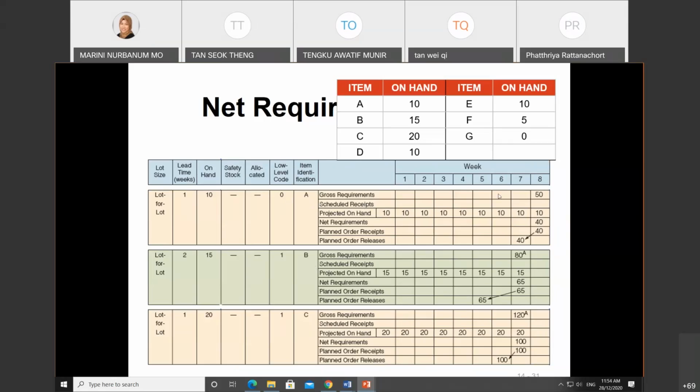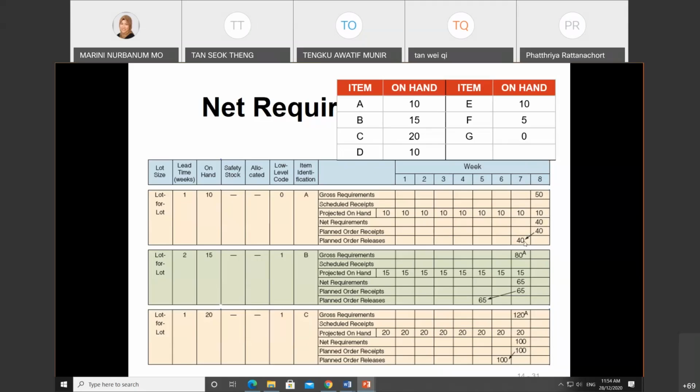We have 8 weeks and in the gross requirements plan, we started with 50. In week 8, we know that we have the on-hand inventory 10. So we need the product in week 8, 40. Plan order receipt is basically just bring down the number for net requirements. The one that takes into consideration the lead time is your plan order release.